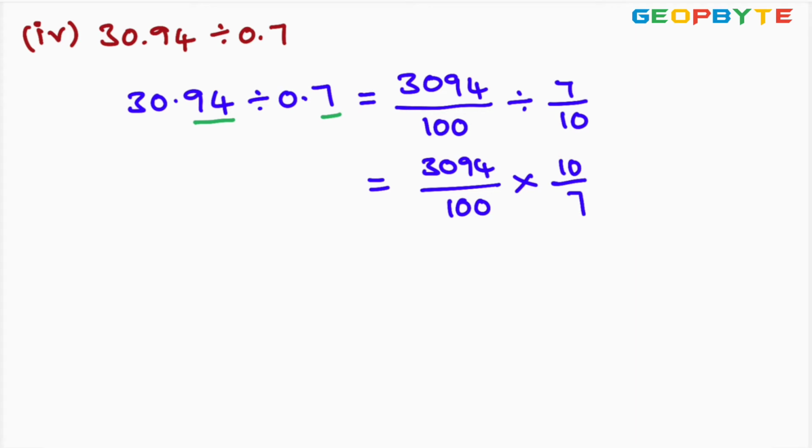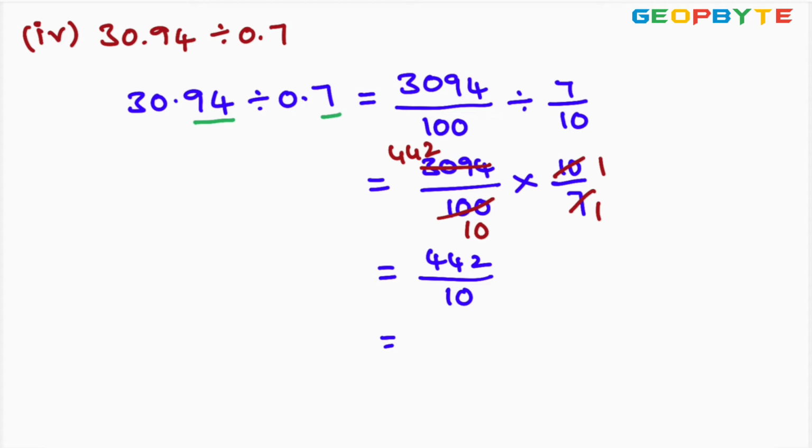Here 10 ones are 10, 10 tens are 100, and 7 ones are 7, and 7 442s are 3094, which is equal to 442 by 10.